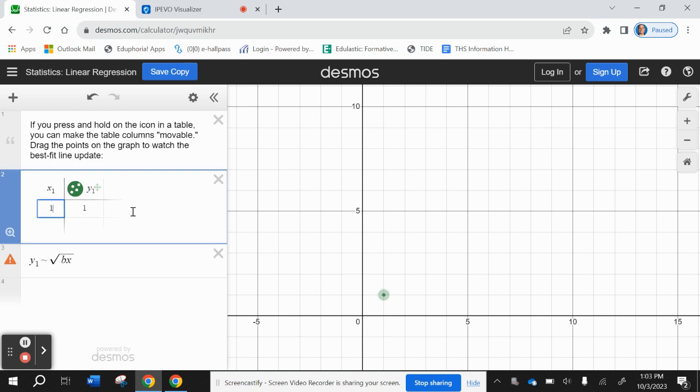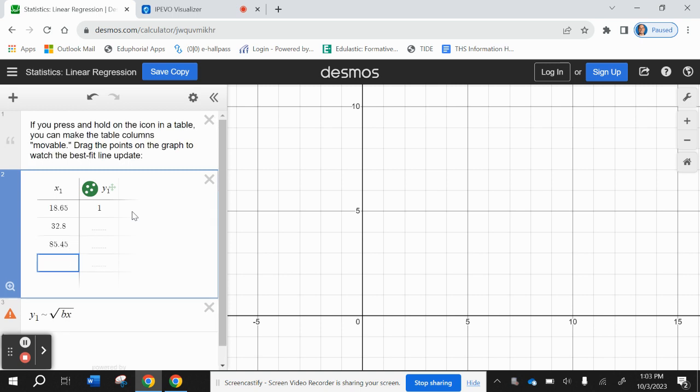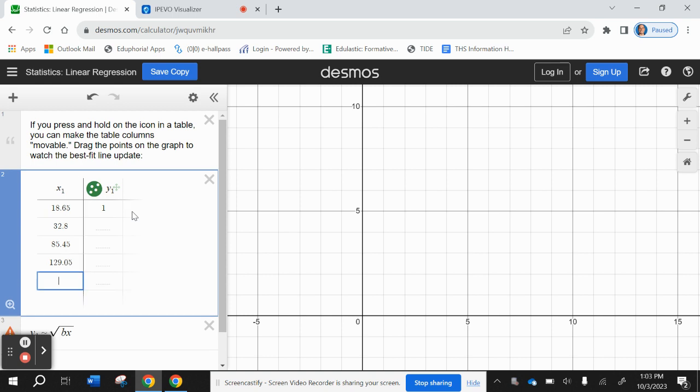So, being careful to put these in correctly. One error in a decimal or number could cause problems in your solution.